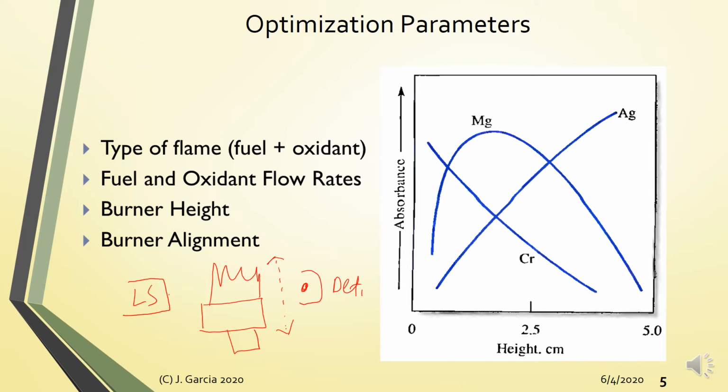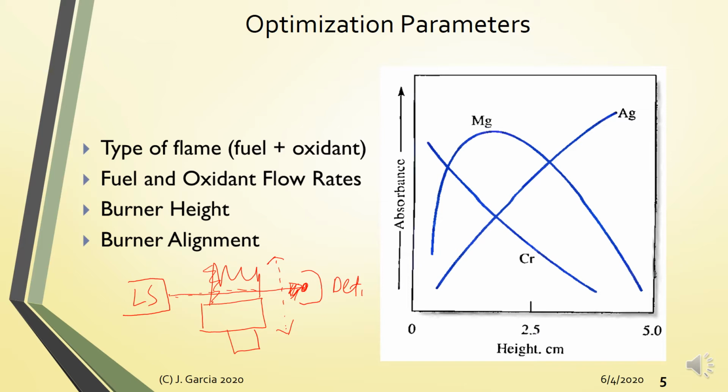Now, the importance of that procedure is for you to set which part of the flame the light, or the radiation coming from your hollow cathode lamp, will pass through as it goes from the source towards the detector.